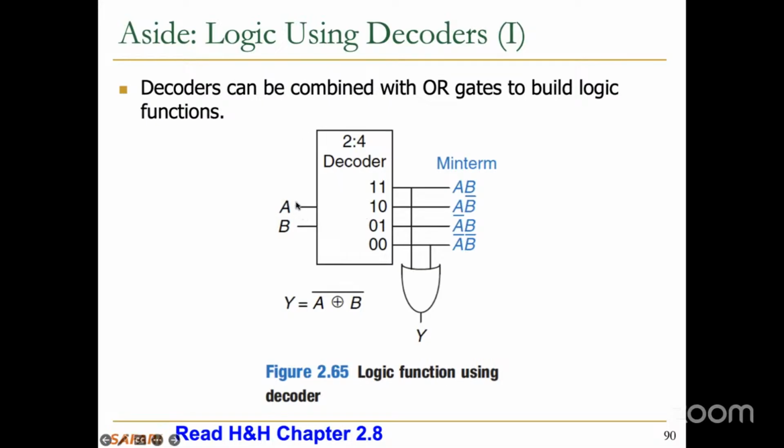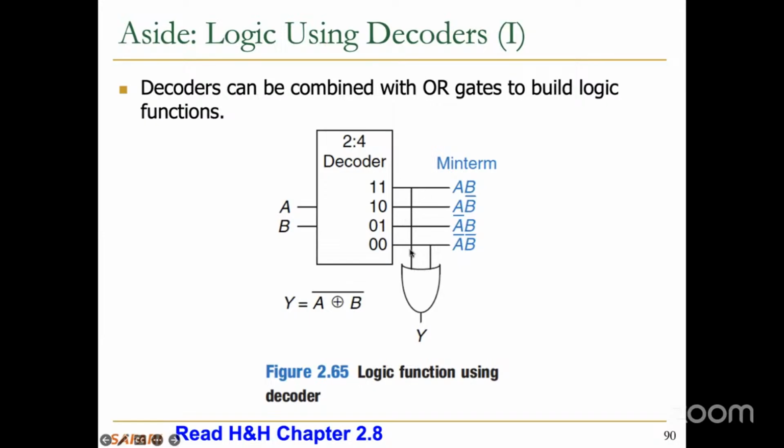So a decoder gives you all of the minterms because it's 2 to the 4, right? If it's 3, it gives you 8 outputs. So the minterm that's enabled actually gets a 1 at the end. Now, if you do OR, you actually get an SOP representation of that, right? Which is nice. So basically, XNOR means AB or A bar B bar.